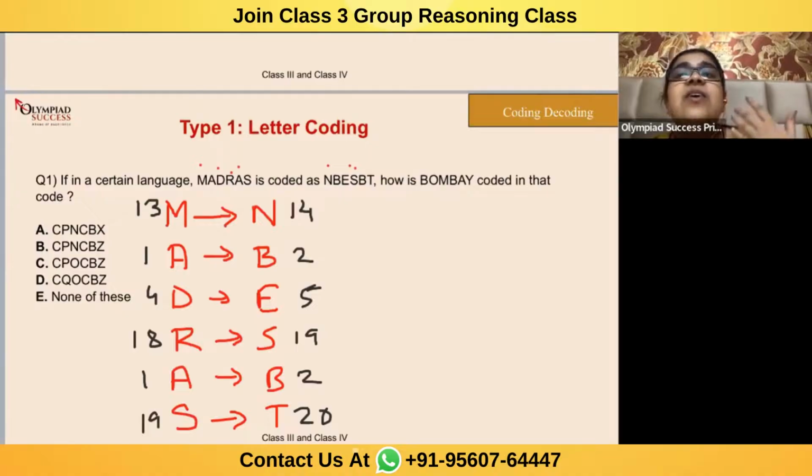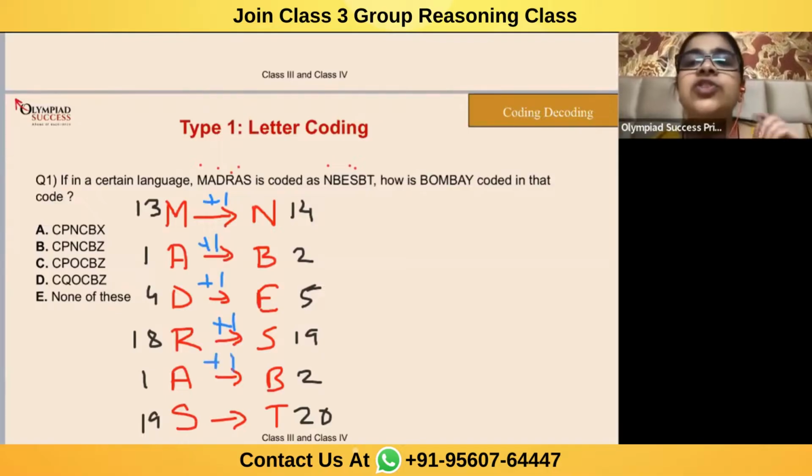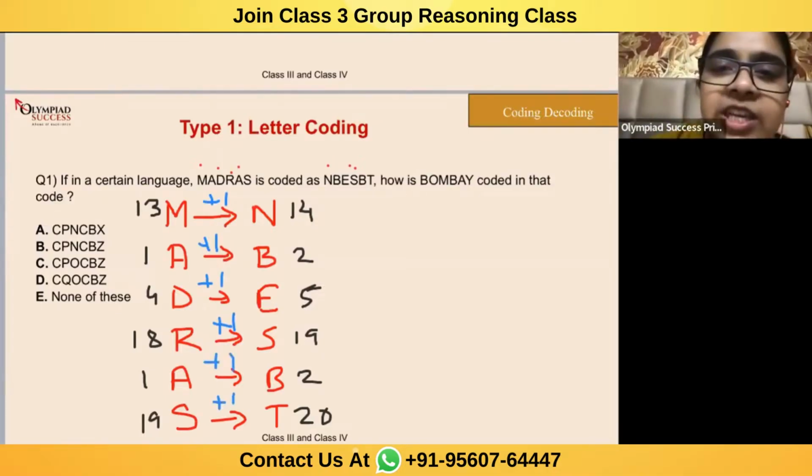Plus, how much am I adding to M to get N? Successor, 1, very good, plus 1. 13 plus 1 is 14, 1 plus 1 is 2, 4 plus 1 is 5, 18 plus 1 is 19, 1 plus 1 is 2, 19 plus 1 is 20. So my logic is plus 1.